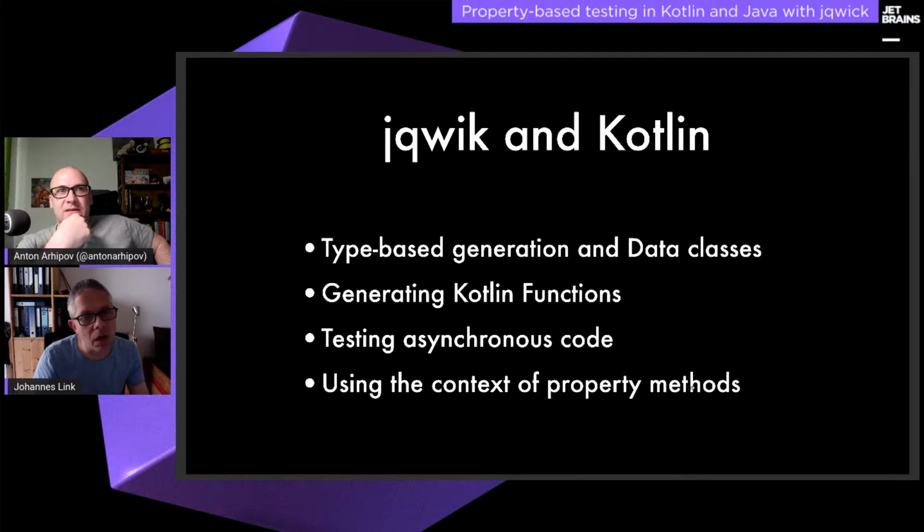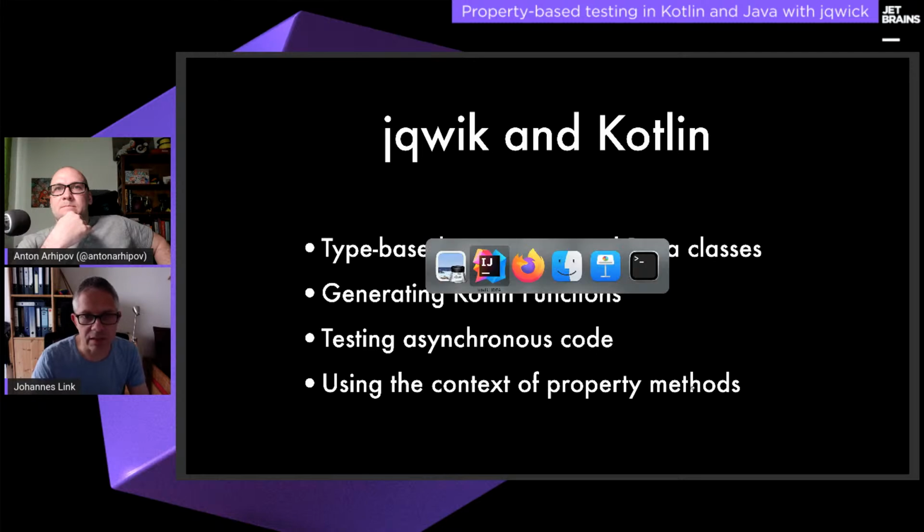Yeah. I'd like to at least scratch a few of the Kotlin specific things, because I think they are quite nice, because property-based testing and Kotlin fit quite nicely. It's not just a matter of jqwik, but how the language does something. For example, this type-based generation, because data classes are quite useful.